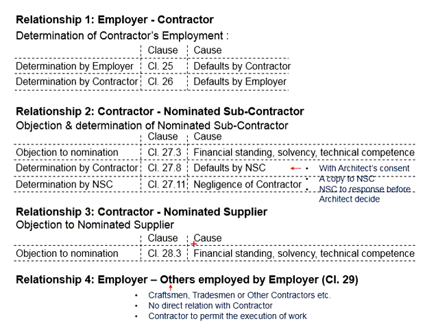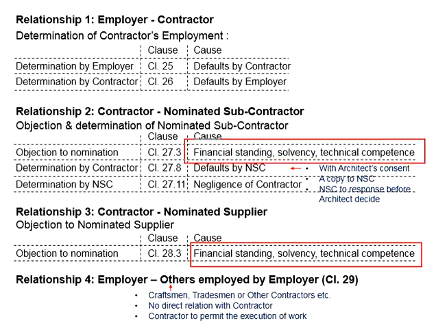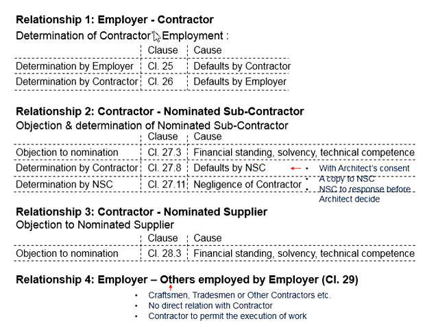The reasons for objections need to come from valid reasons, which is similar to the nomination of the subcontractor. This will be based on the financial standing, the solvency, as well as the technical competency of this nominated supplier. For the relevant details you may refer to clause 28.3.